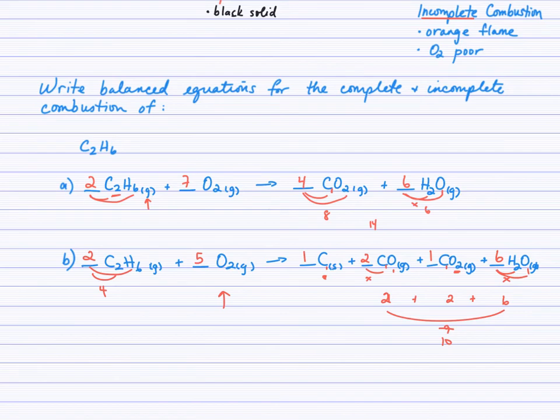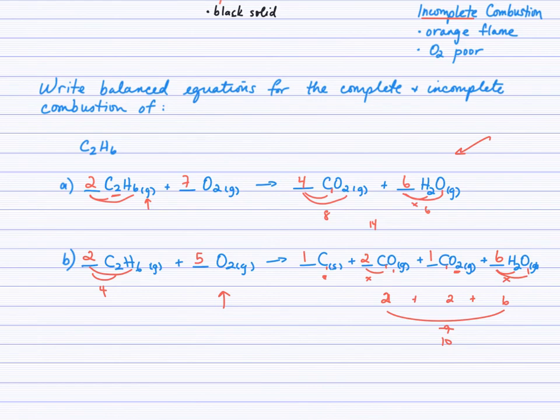You will find with incomplete combustion reactions that we don't always have all 4 products formed. Sometimes it's only 3 of the 4. And even when you do have all 4 products, sometimes there's more than one possible solution. For complete combustion reactions, there is only one correct balanced equation.